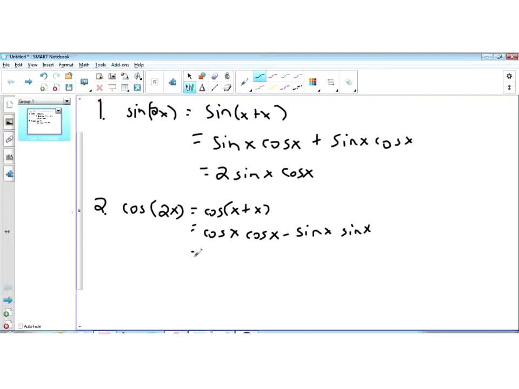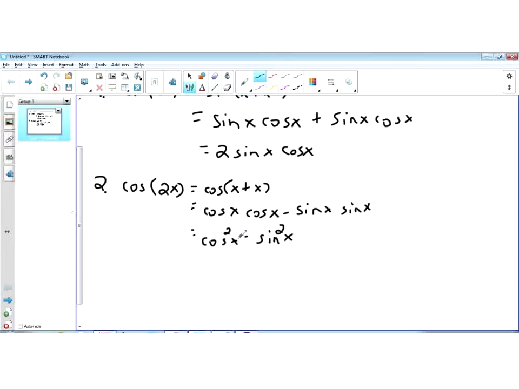Okay, which we know to be cosine squared x minus sine squared x.